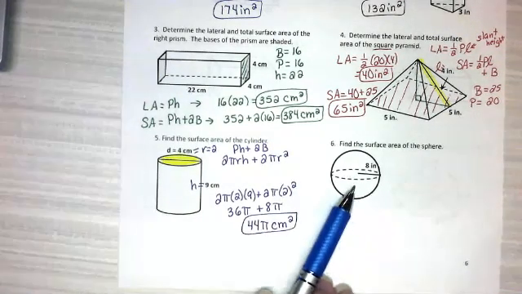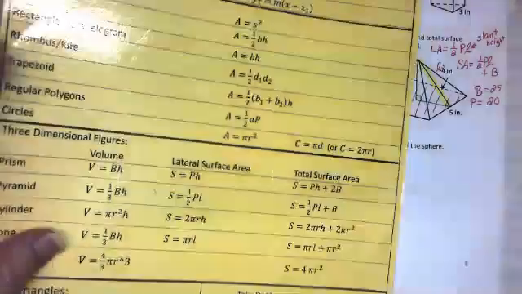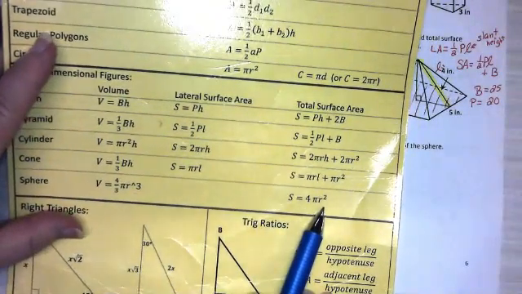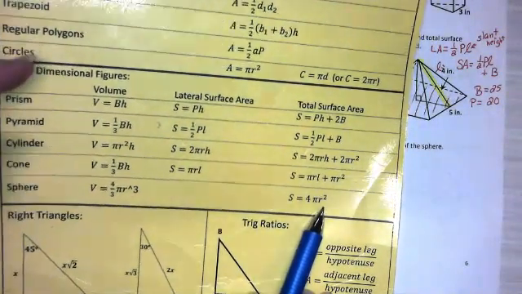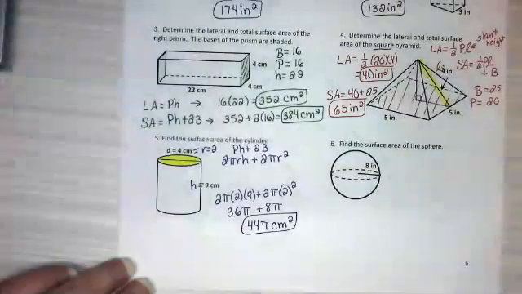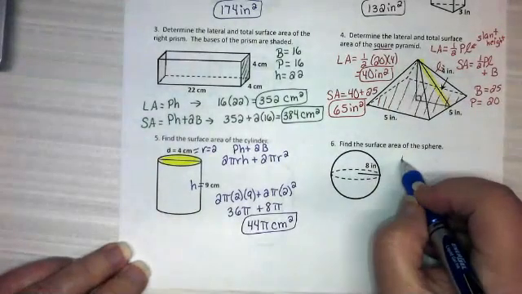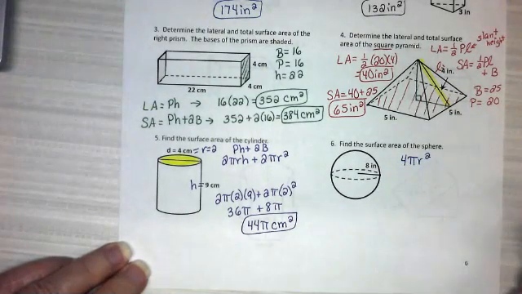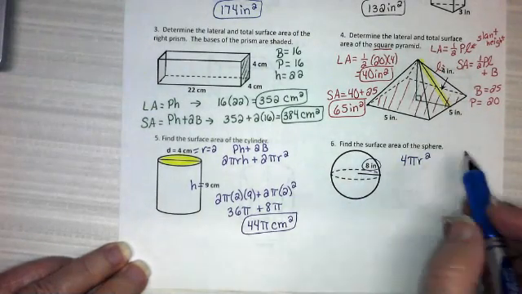All right, you're going to love this one, the sphere. Look at the formula for surface area of a sphere. 4 pi r squared. Somehow they figured out if you took the area of a circle and did 4 of those, you could cover a sphere. So the total surface area is 4 pi r squared. All you have to know is the radius. Well, I gave it to you.